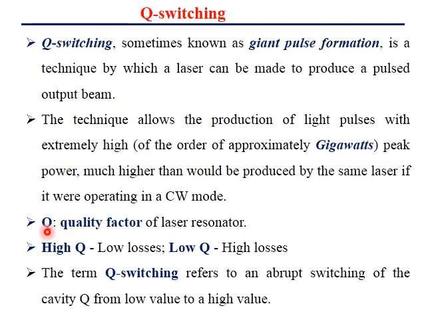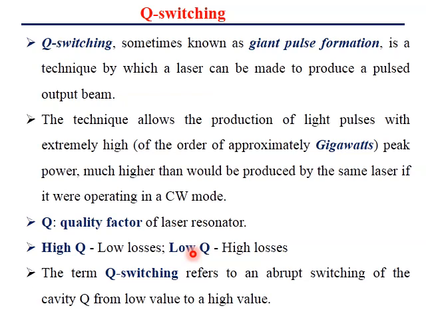Now what is this Q in Q switching? The Q denotes the quality factor of the laser resonator. If there are very low losses, then we have a very high Q value. On the other hand, if we have very high losses, then the Q value is very low. Now why is it called switching?